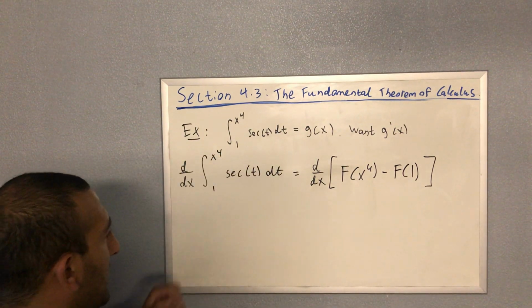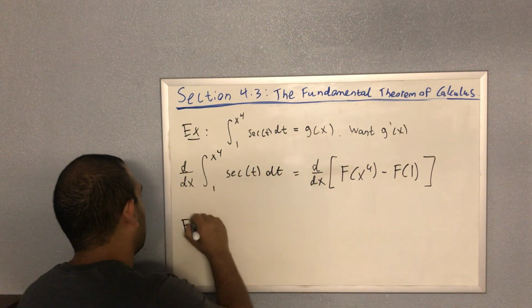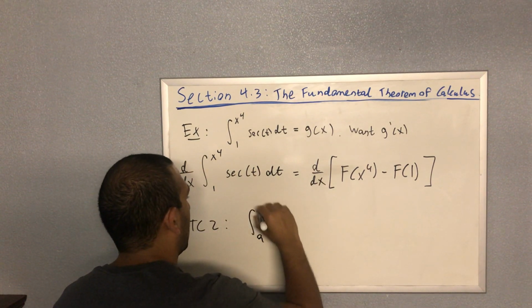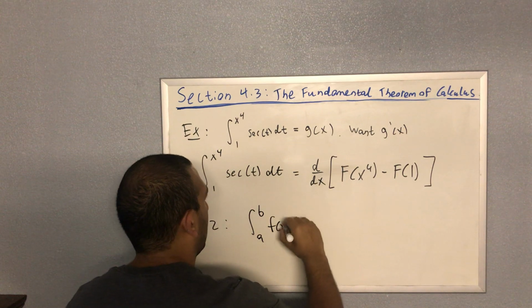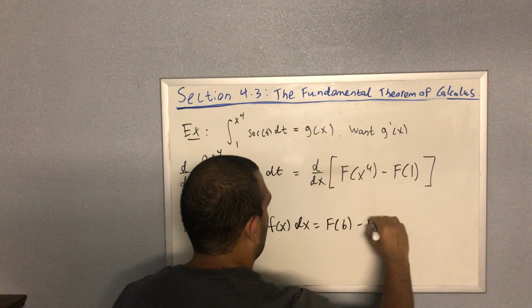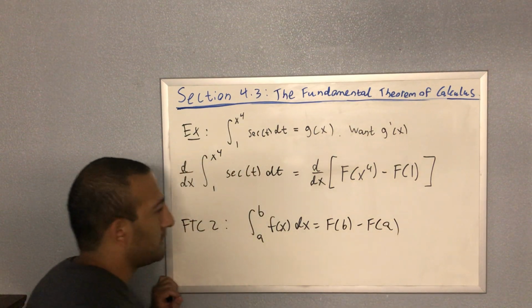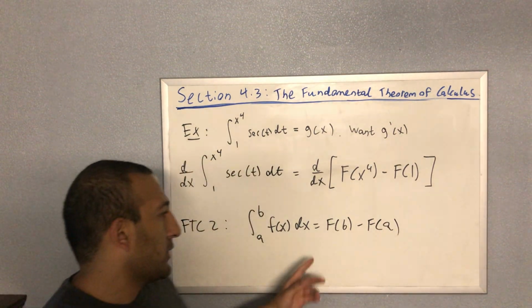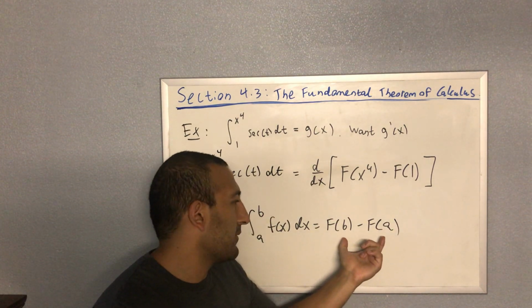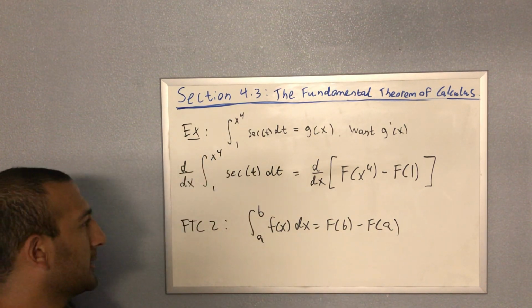Because FTC 2 says if you have the integral from a to b of f of x dx, this is equal to this: you find the antiderivative and take the difference of the values of the antiderivative at the endpoints.